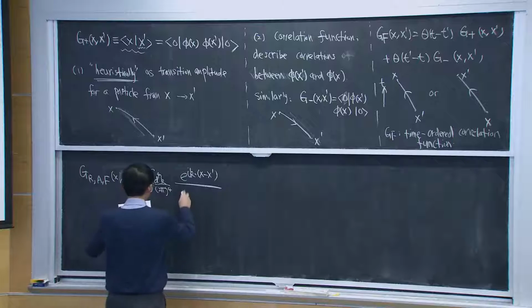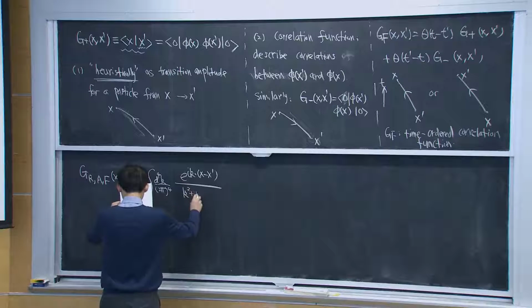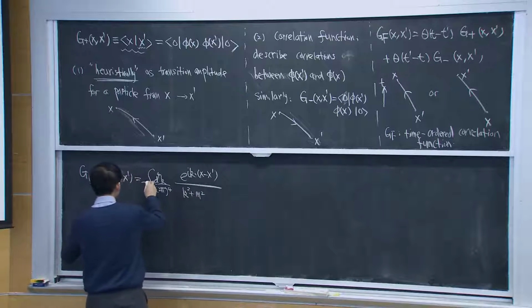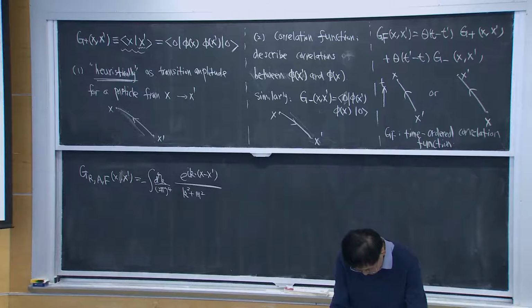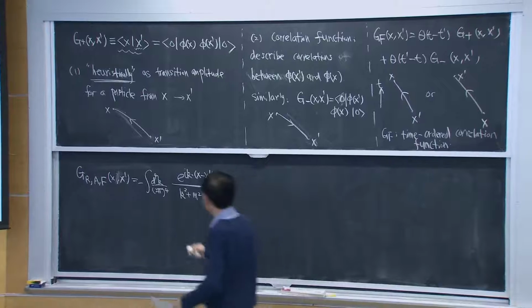I think it's k squared plus m squared. Let me just check the sign. I think it's i or minus i. Yeah, minus i. So, okay.